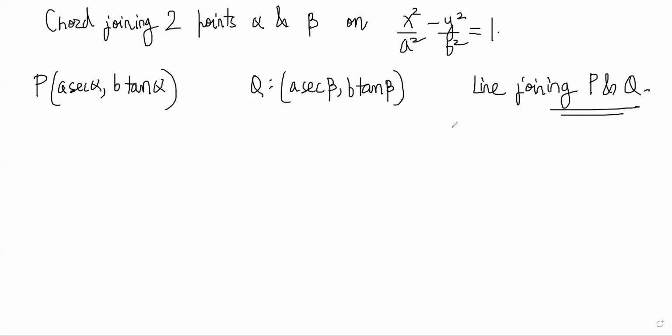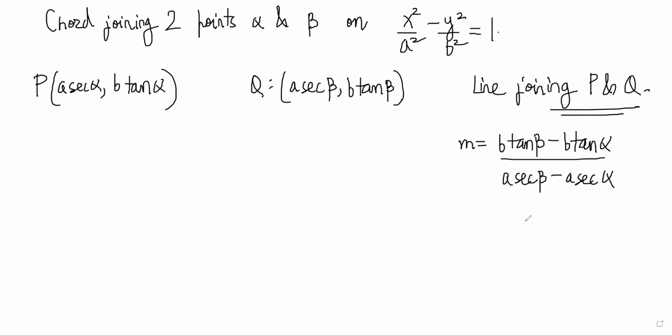And we can find that by first finding the slope of that chord, which will be b tan beta minus b tan alpha by a sec beta minus a sec alpha. This becomes m is equal to b by a times sine by cos minus sine by cos.